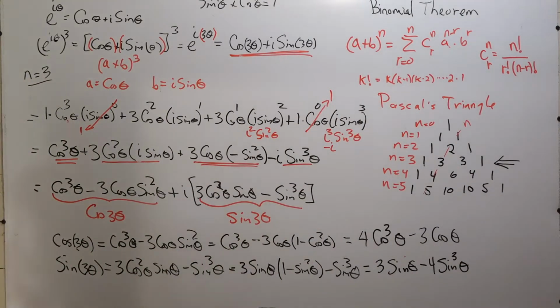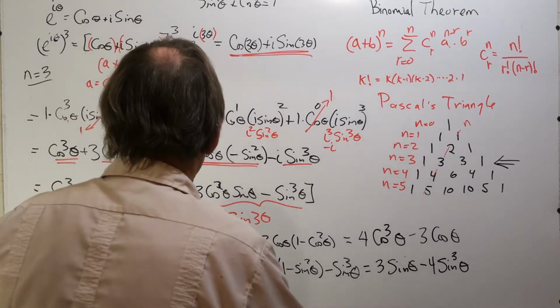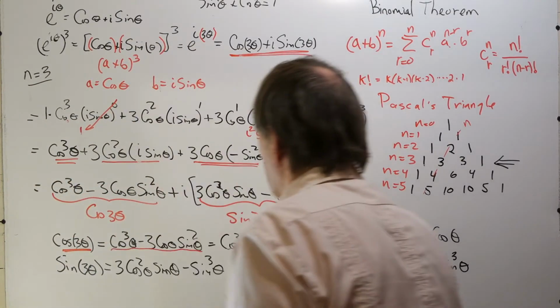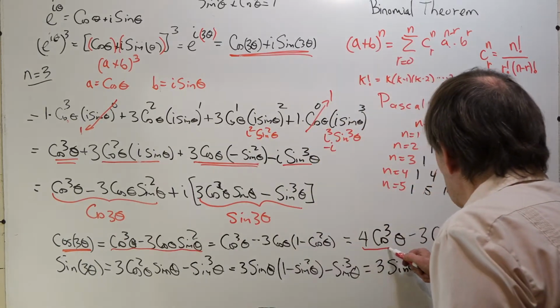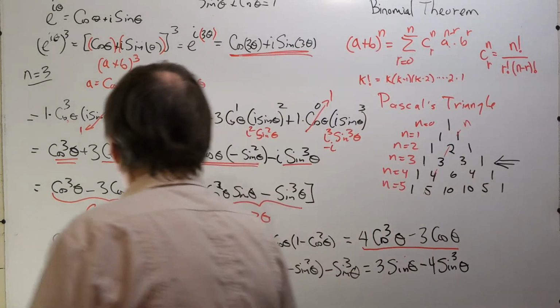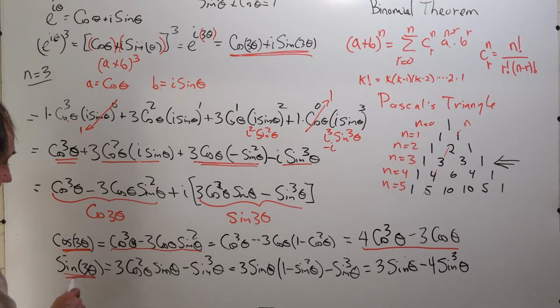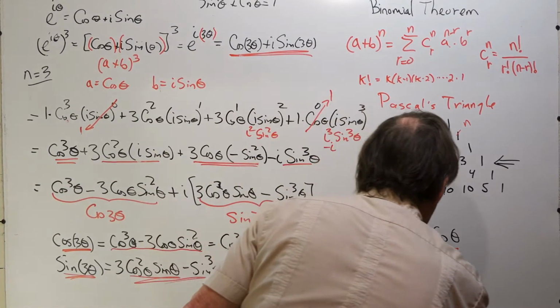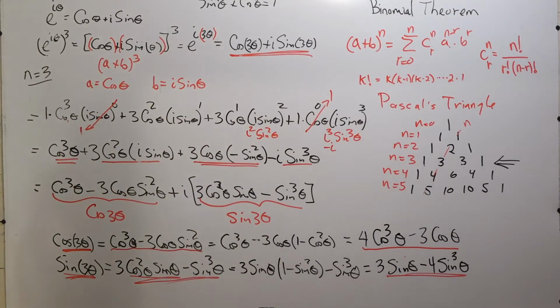So now we have our triple angle formulas. We could write cosine this way with sines and cosines, or just strictly in terms of cosines. And the same thing here, sine of 3 theta in terms of sines and cosines, or just strictly in terms of sines.